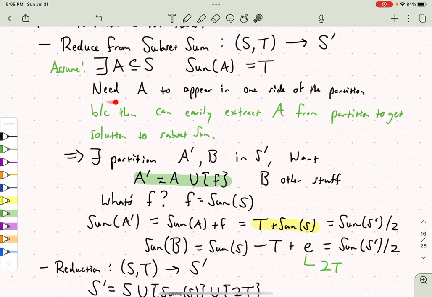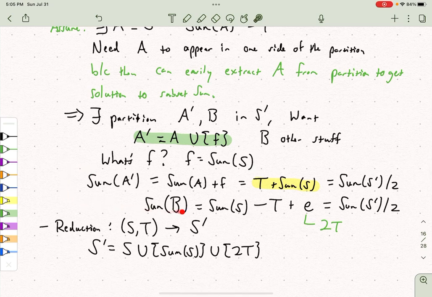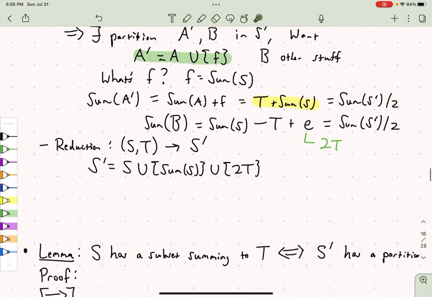We need to find a way to extract the solution from the solution for the other problem. And that kind of leads us to the correct reduction.